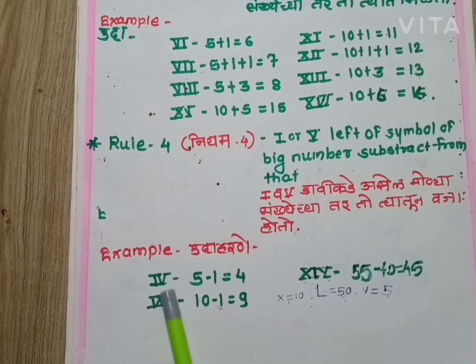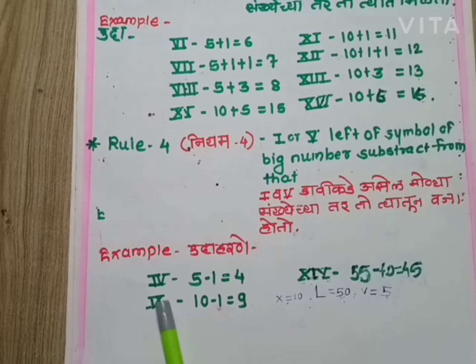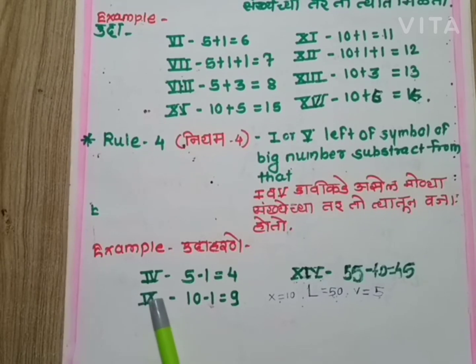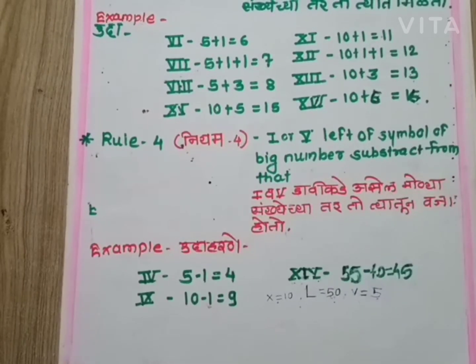Therefore, this symbol gives value 4. Also IX. Here I is on the left side of the X. X gives value 10, and by the rule, as it is on the left side of X, it gets subtracted from the value of X. Therefore, 10 minus 1 gives us value 9.